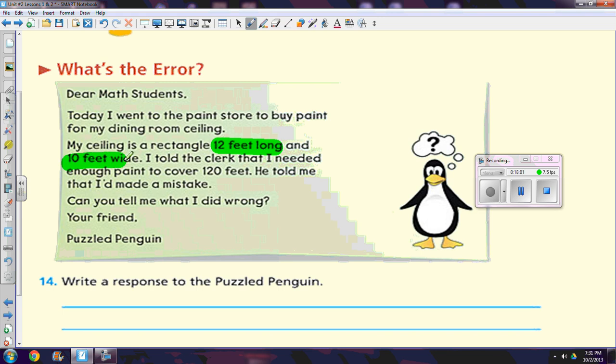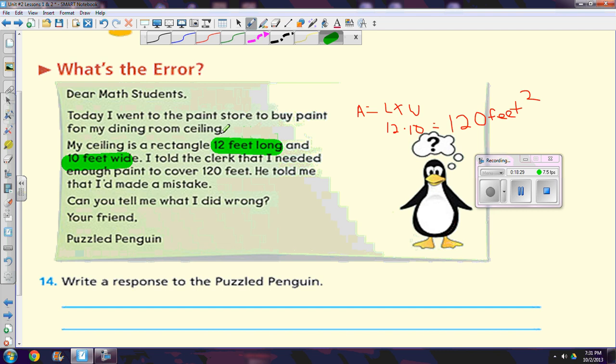Now, if I was finding area, area equals the length times the width. So in this case, it'd be 12 times 10, which does equal 120, should be feet squared. But now, if you look at the problem closer, it's saying how much paint for the ceiling.